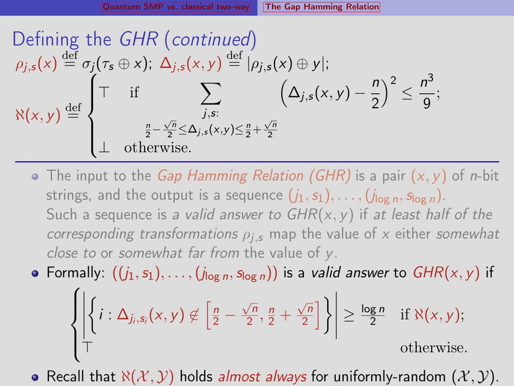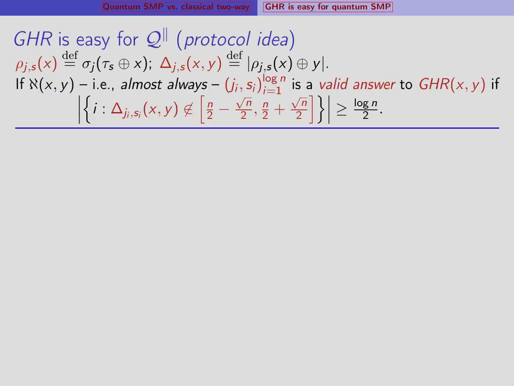You can see that the definition depends on aleph. Again, we are going to ignore the technicalities of it now. What is important from the intuitive point of view is to remember that aleph of x and y holds almost always for a uniform random pair of n-bit strings.